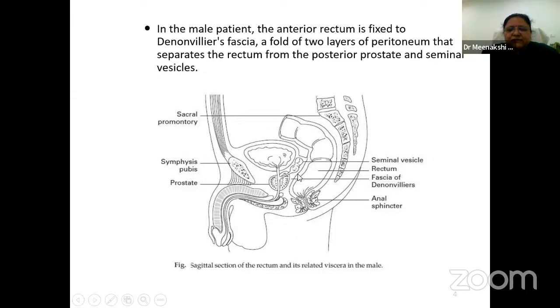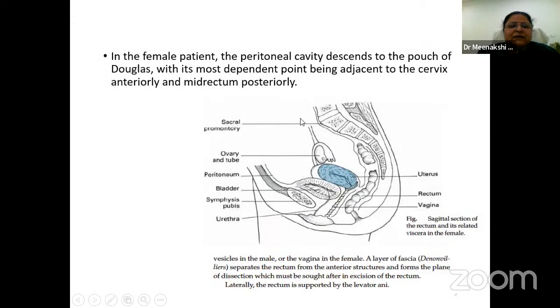This relation is very important to understand in males. In female patients, the peritoneal cavity descends to the pouch of Douglas, its most dependent point being adjacent to the cervix anteriorly and the mid rectum posteriorly. This anatomical relation is very important to understand.